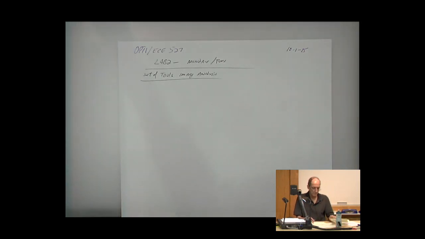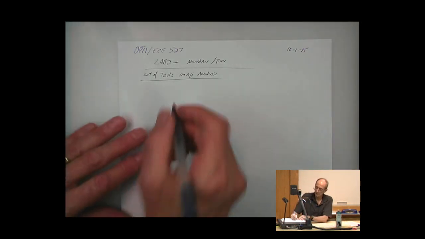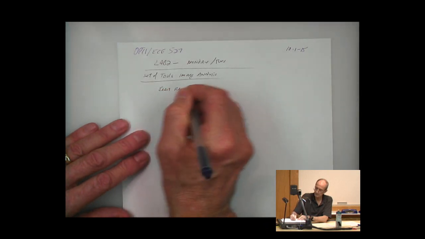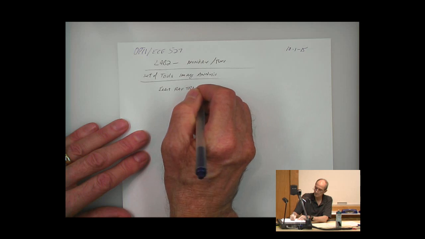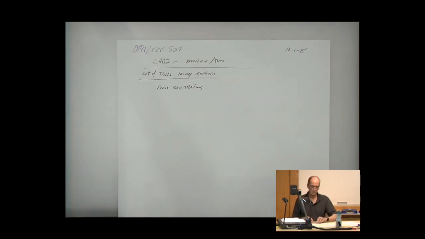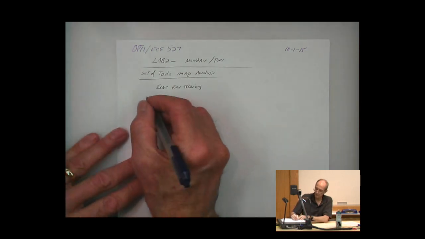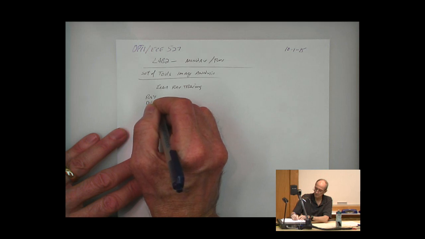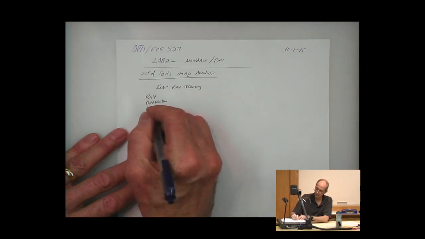And last time we ended up with our exact ray tracing relationships. So we have our ray diffraction at the hologram. So this gives us the angle change.